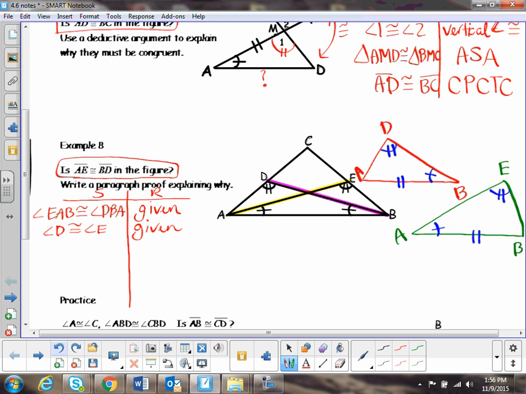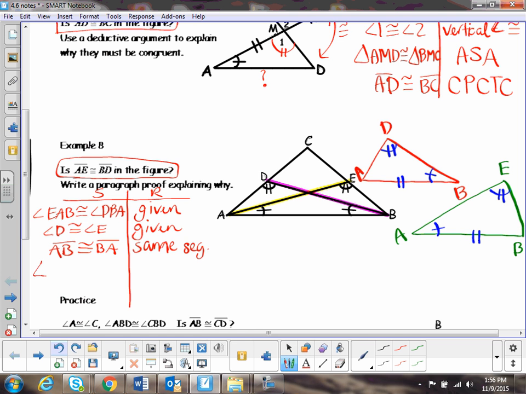And then what side gives me more? AB. AB is congruent to BA. What would be a reason for that? Same segment. Shared side, I guess. I'm just going to put same segment. So we've got our 3 parts down.